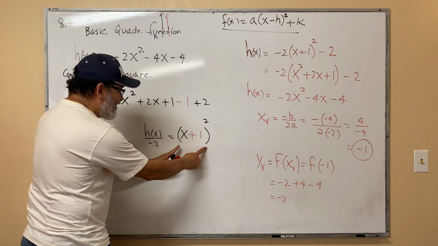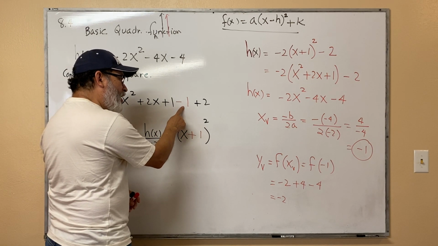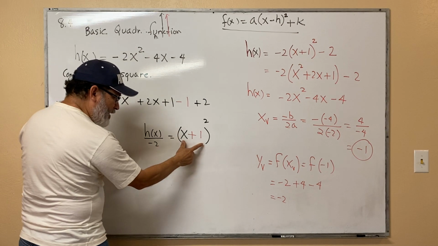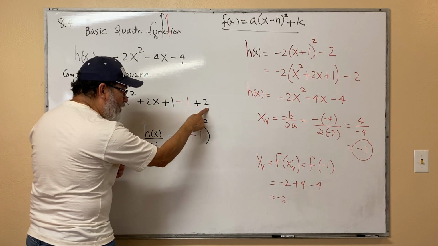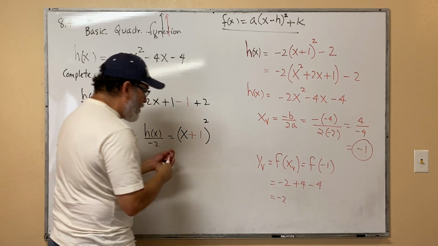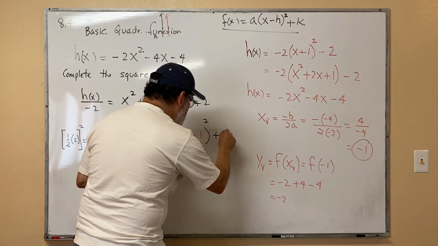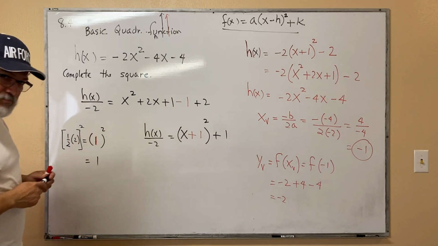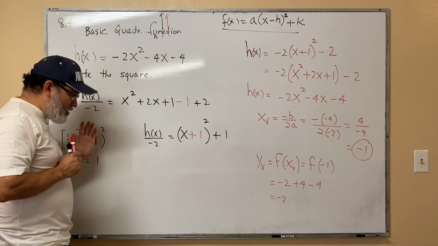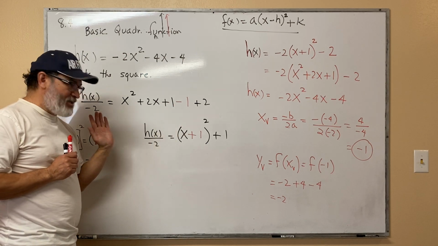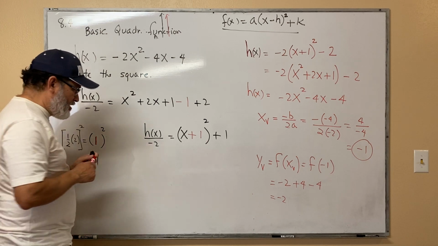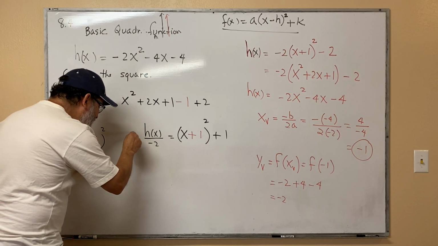This was -1. This one and this one became the binomial squared. This one and that one, put them together. What's -1 plus 2? Plus 1. And now, get rid of that one. Multiply everything by -2.